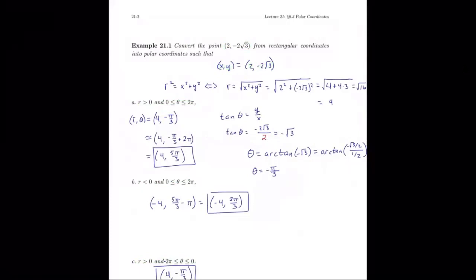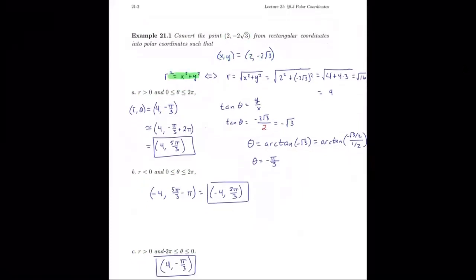So the first thing we can do is determine what r is using the Pythagorean theorem. So r is the square root of x squared plus y squared. So we'll substitute these two values in. We get this line here. Simplifying that, we have 4 plus 4 times 3. It's root 16. And root 16 is 4. So r, our radius, is 4.